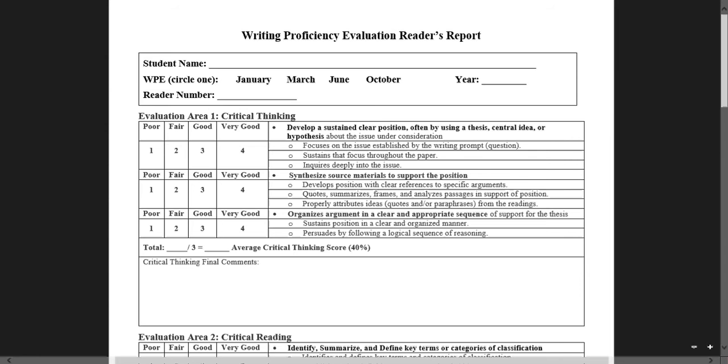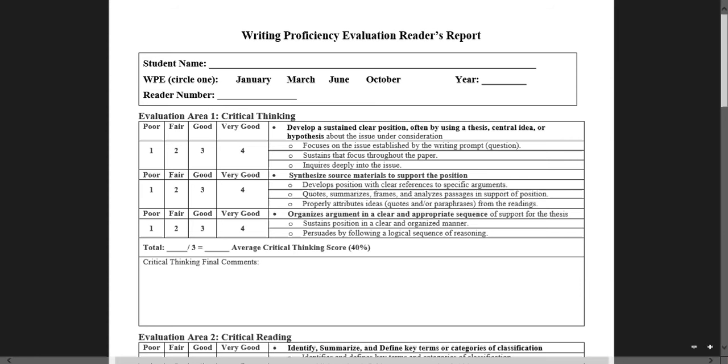Second, are you synthesizing the materials? That means, are you bringing those materials together and using the arguments within each of the readings and showing how they connect to each other? I want to see that you're quoting, summarizing, and analyzing the passages that come from there.